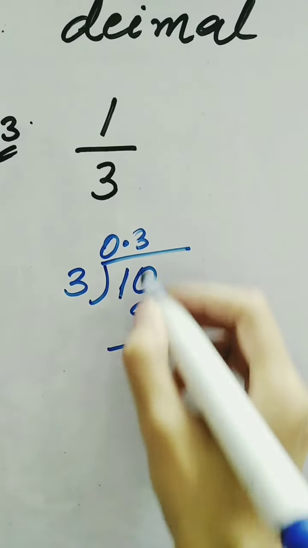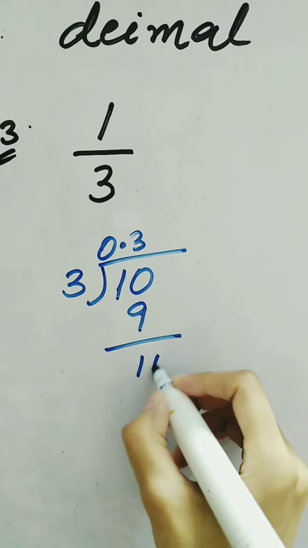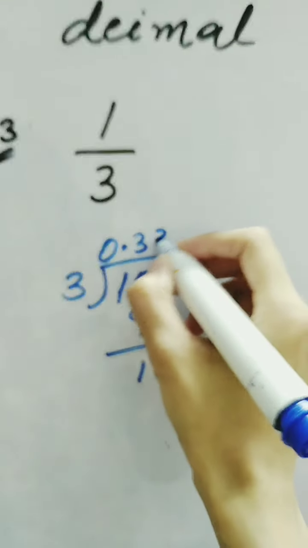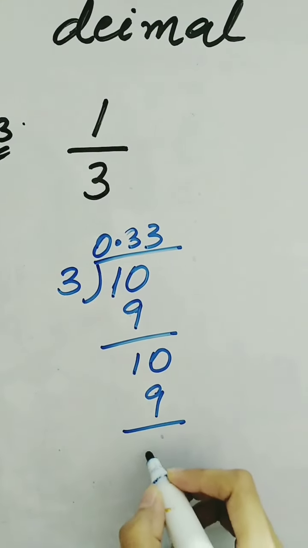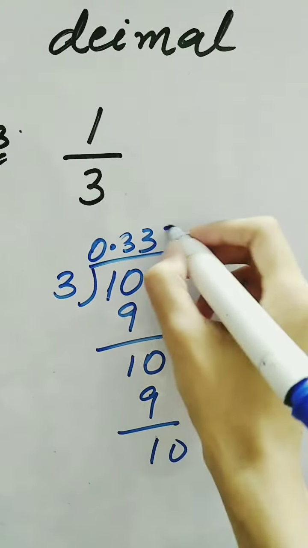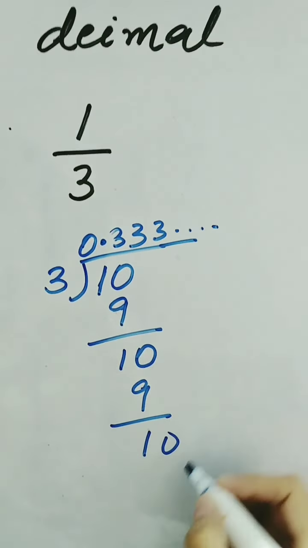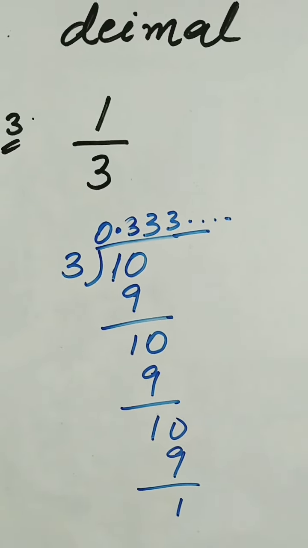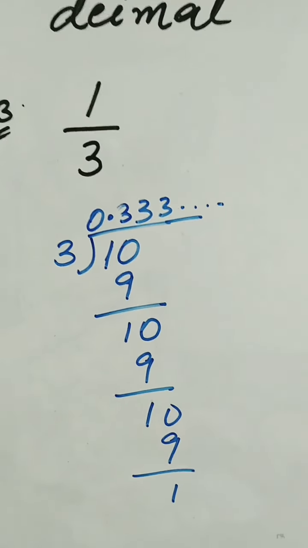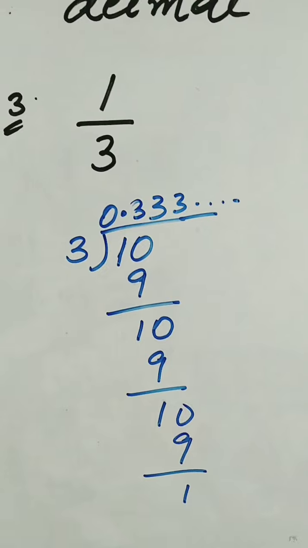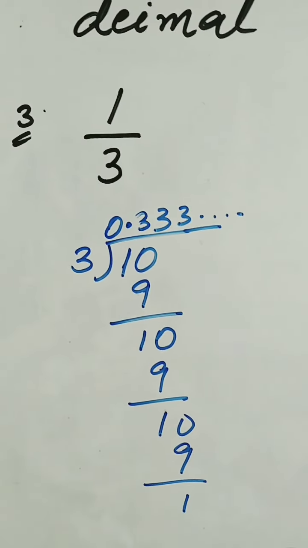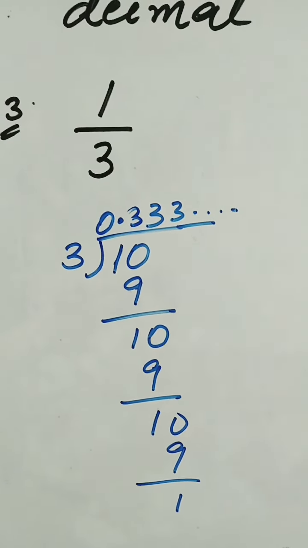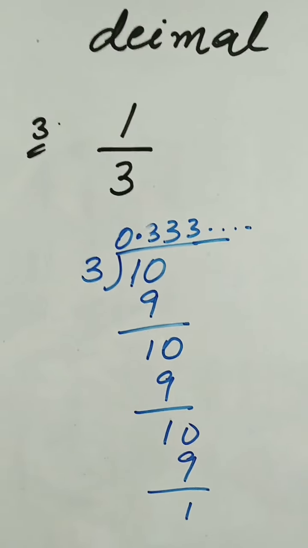Again 1 is the remainder, which again becomes 10, and now this thing will continue, so we call this a recurring decimal and it has a value 0.33333 because it continuously goes on.